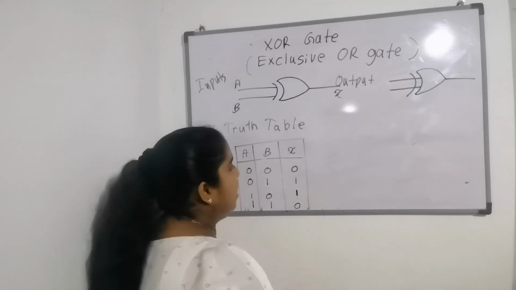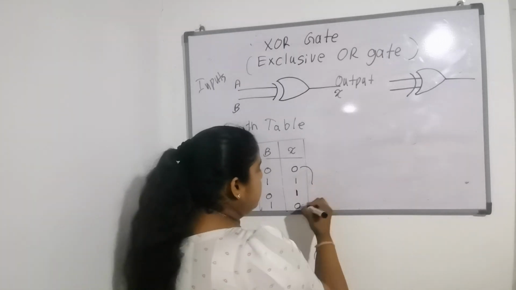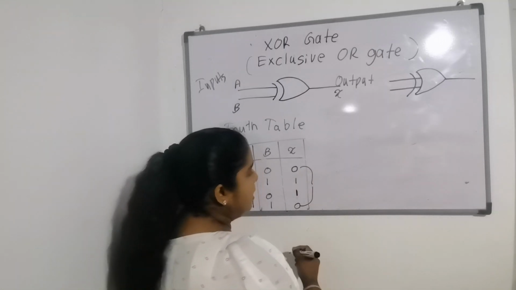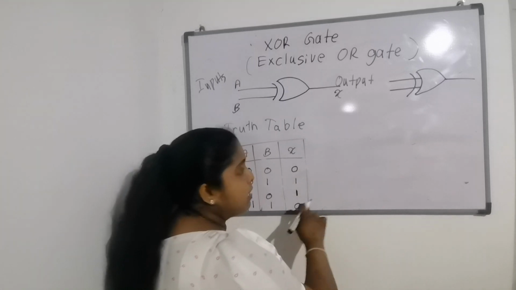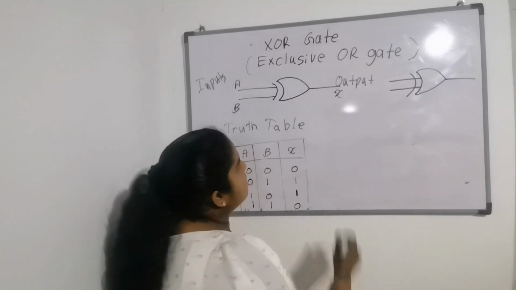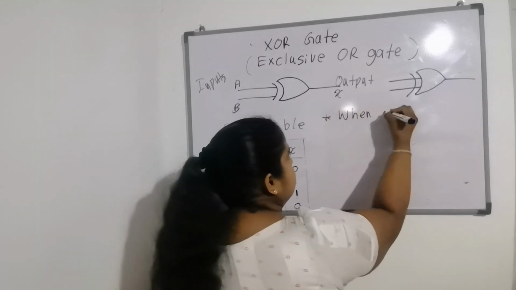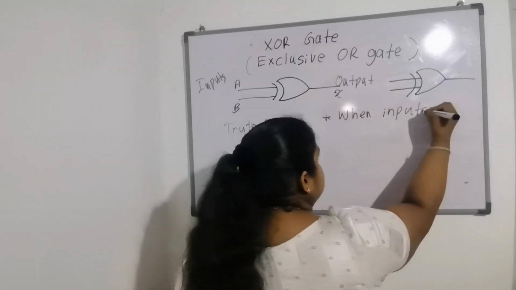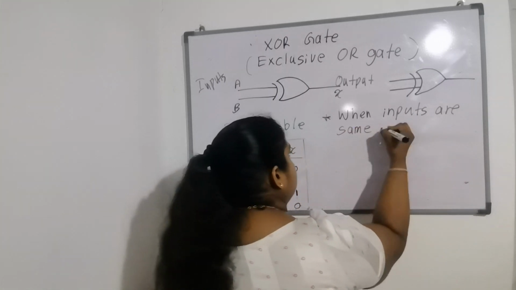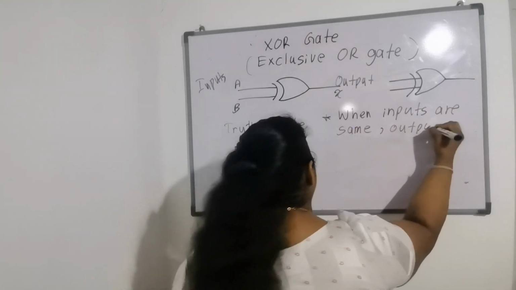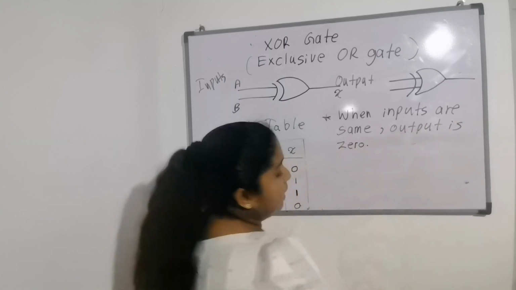So what you can understand using this, actually when inputs are similar the output is 0, right? Using that fact you can remember about this exclusive OR gate. When inputs are same, output is 0 like this.